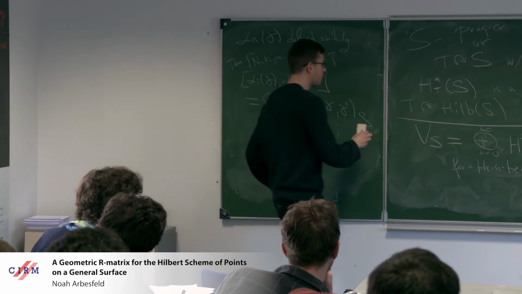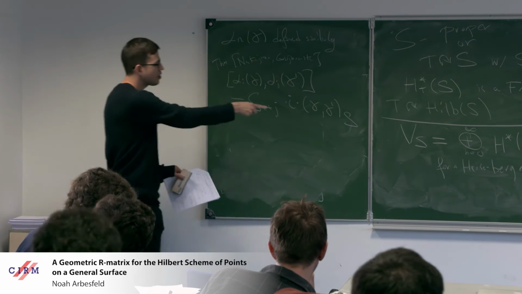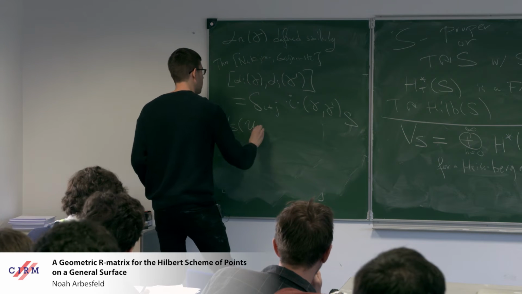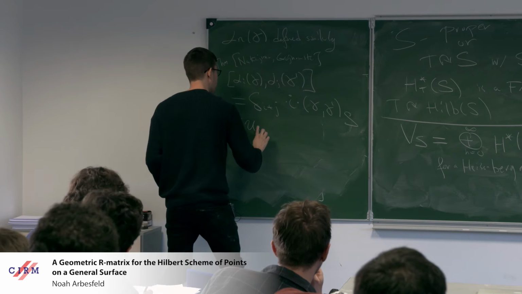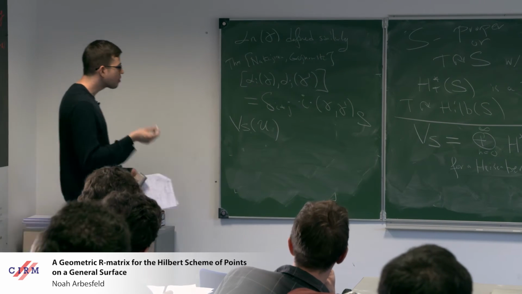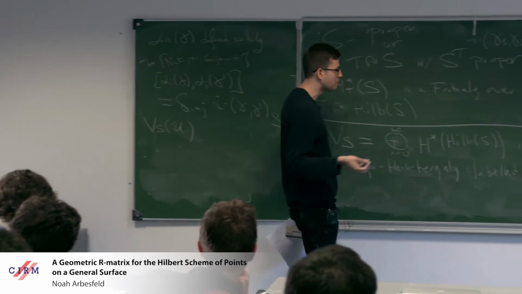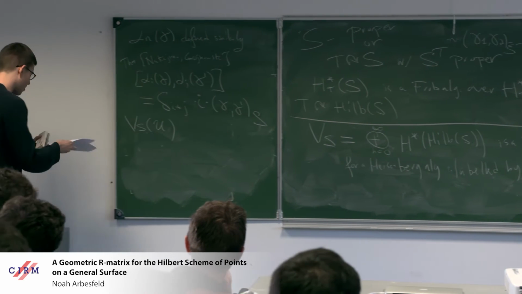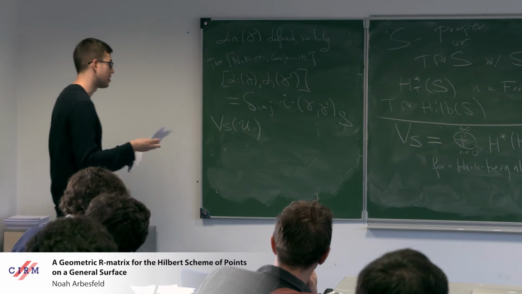Okay. But before, we weren't just looking at V_S, we were looking at these evaluation representations with some spectral parameter. And so fortunately, we have one degree of freedom to tell us how the spectral parameter should be incorporated, and that will come in by the 0 modes.